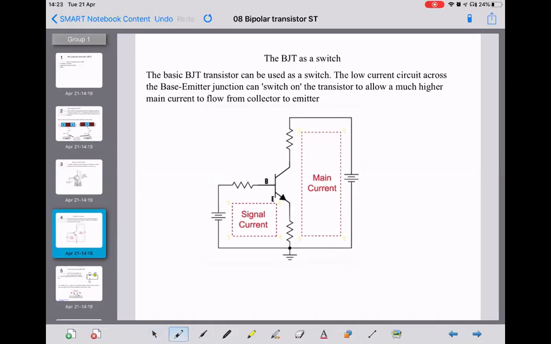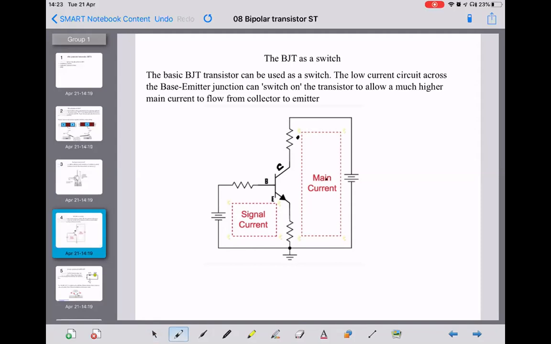And then on the right hand side, we have a main current flowing from the battery down through what would be the load resistor at the top here, and flowing from collector to emitter. So we can use this signal current to turn this main current off and on. And again, we're going to gradually go through a little bit more detail on that.